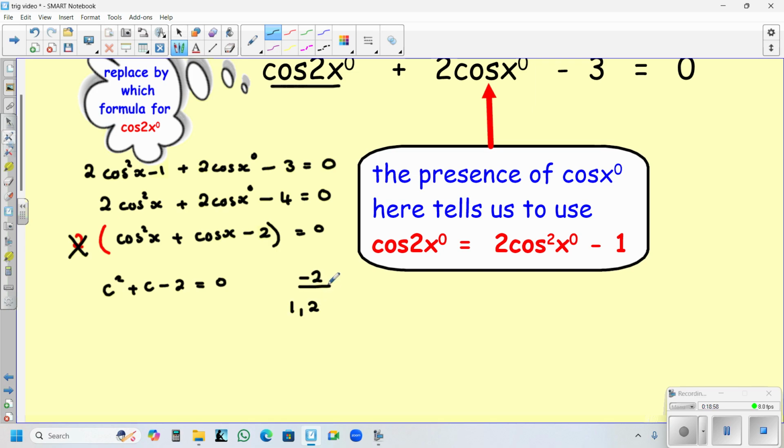But because it's negative, it means that one of the factors is positive and the other is negative. So we could either have that pair or that pair. Now we're looking for something that adds to plus 1 for the middle term. Minus 1 plus 2, that gives me plus 1, so that's my factors there. Those two would give me negative 1. We don't want negative 1, we want plus 1.